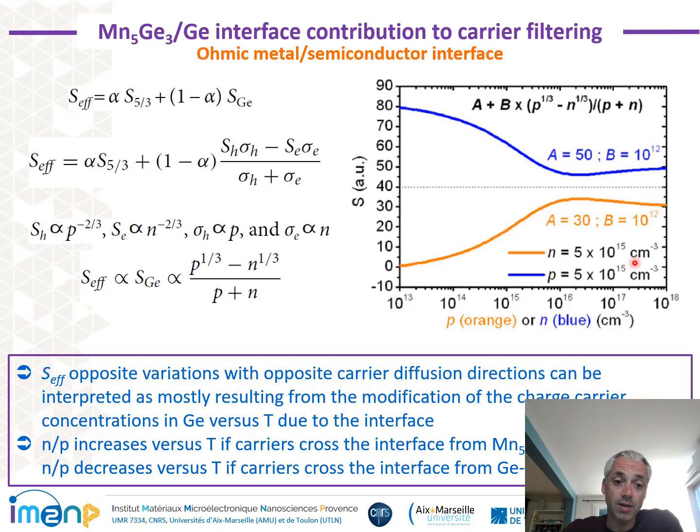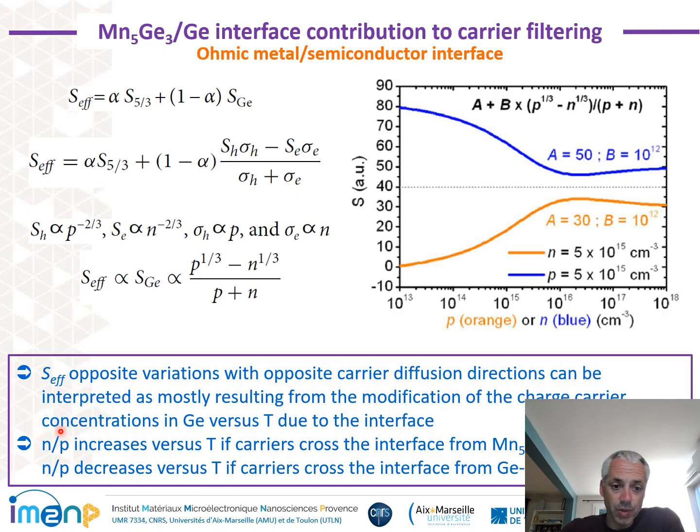So we see here a kind of symmetrical effect as we saw in the experiments, and this would mean that the opposite variation of the Seebeck coefficient that we observe with opposite carrier diffusion direction can be interpreted as mostly resulting from the modification of the charge carrier concentration in germanium versus temperature due to the interface.